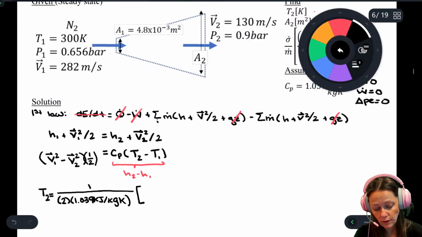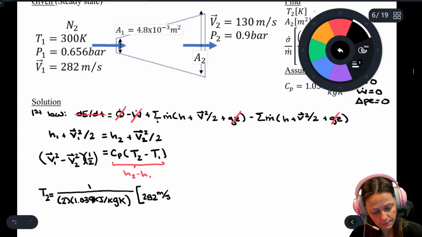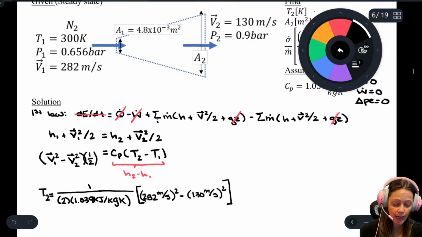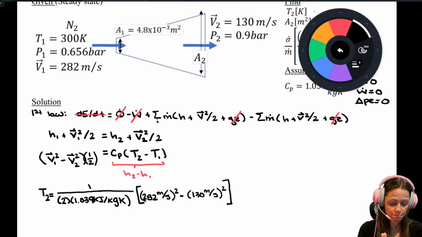V1 squared is 282 meters per second, squared, minus V2 squared, which was 130 meters per second, squared. And then to that entire section, I'm going to add T1.